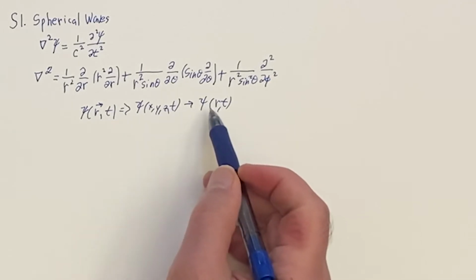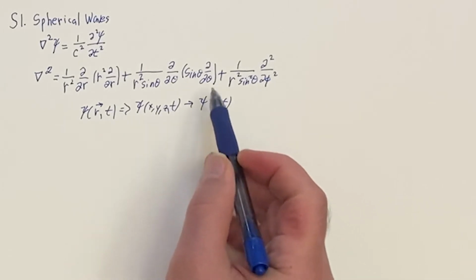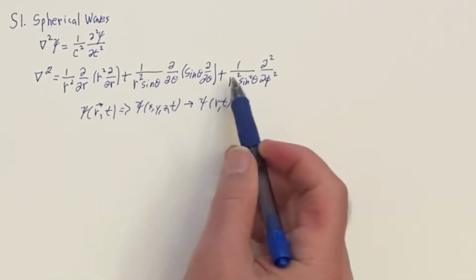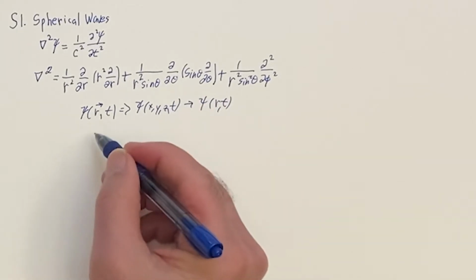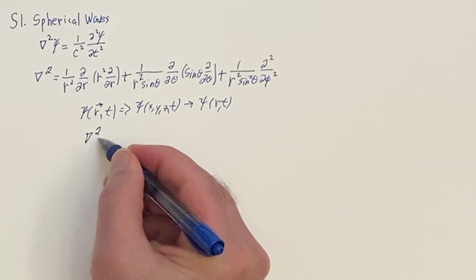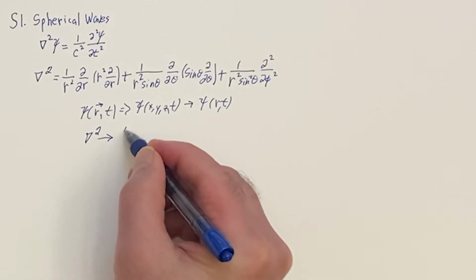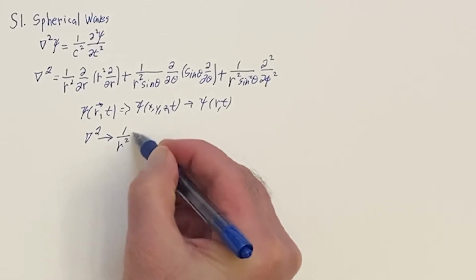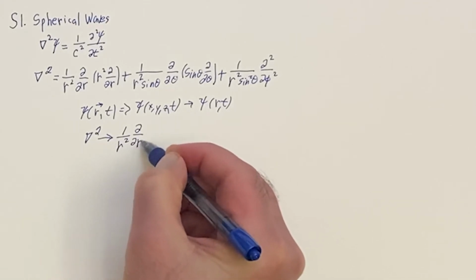In that case, since psi does not depend on the angles, these are gone, and the Laplacian, for our purposes, is just the r part.